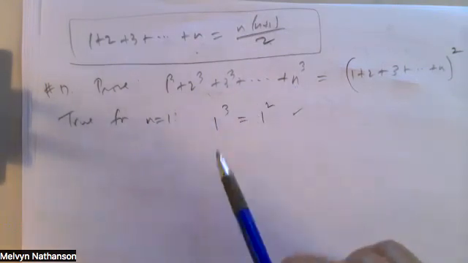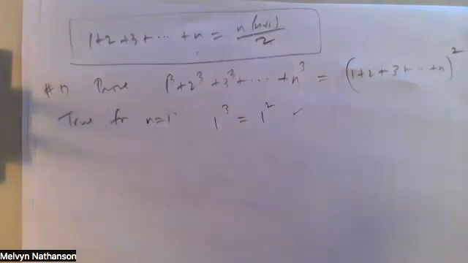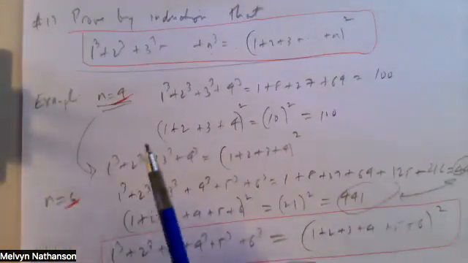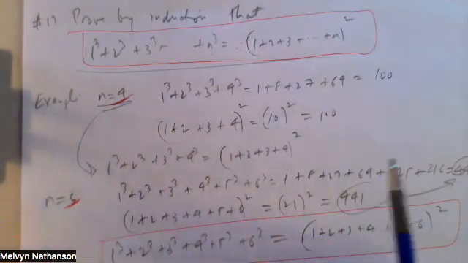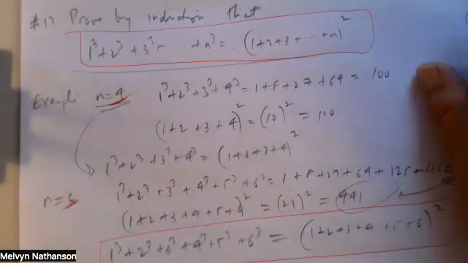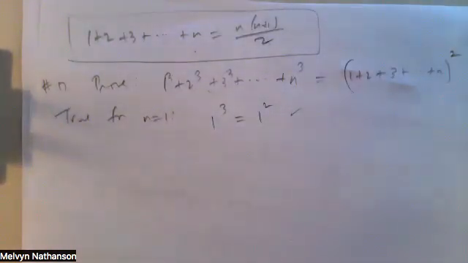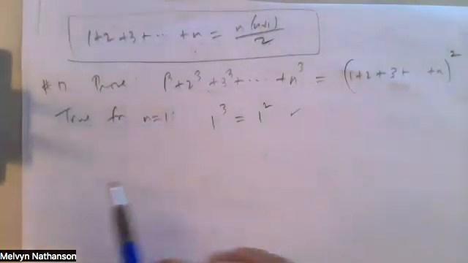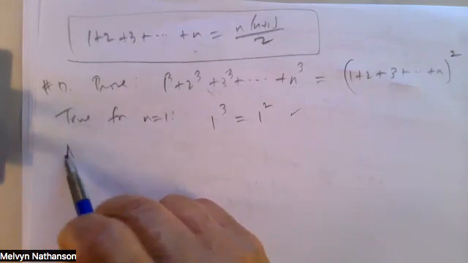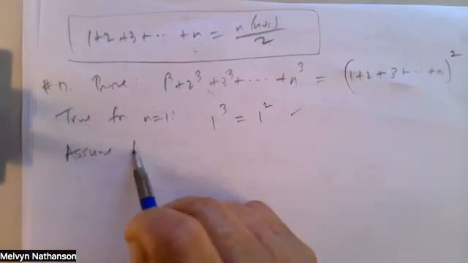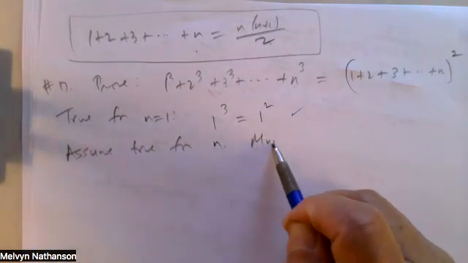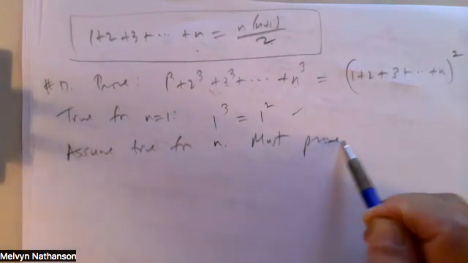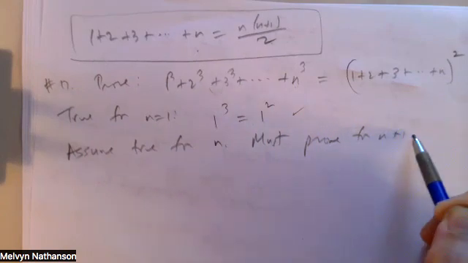I also checked some other examples for n equal 4 and n equal 6, just for fun. But now I want to prove this is true in general. So we assume it's true for some number n, and we must prove the statement for n plus 1.